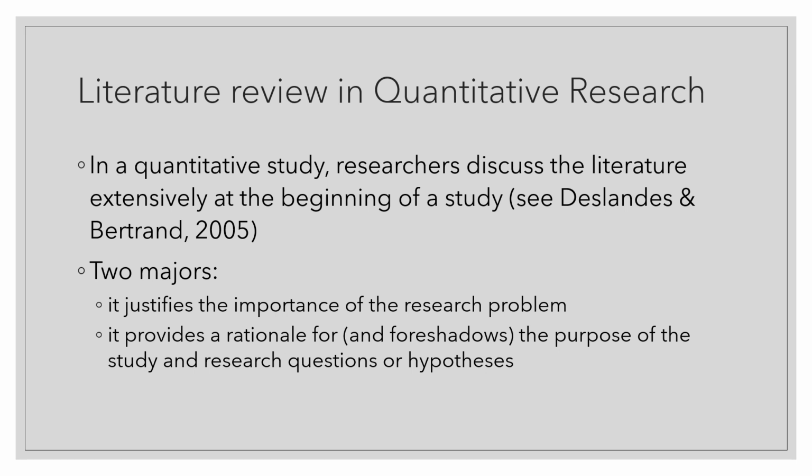So the literature review in quantitative research should justify the importance of the research problem. You should provide the justification about why this problem is important to be investigated. And you should also provide the rationale for the purpose of the study and for stating the research question and the hypothesis.